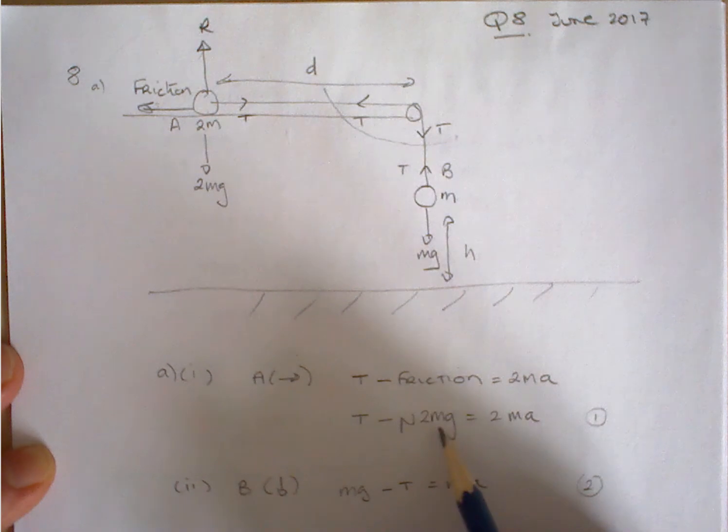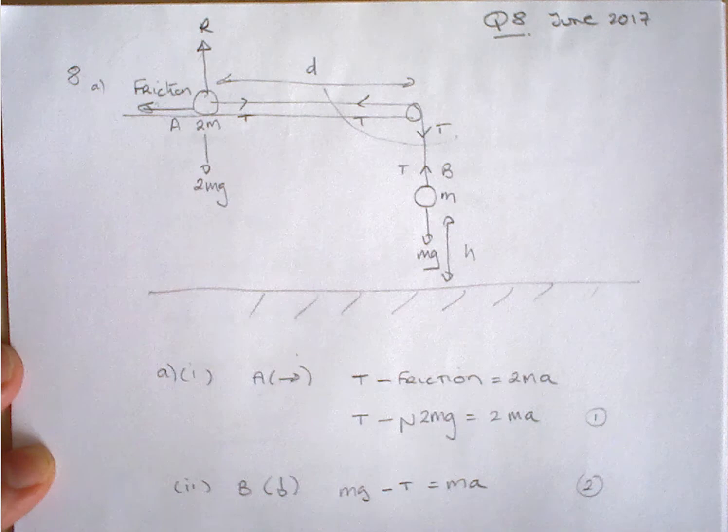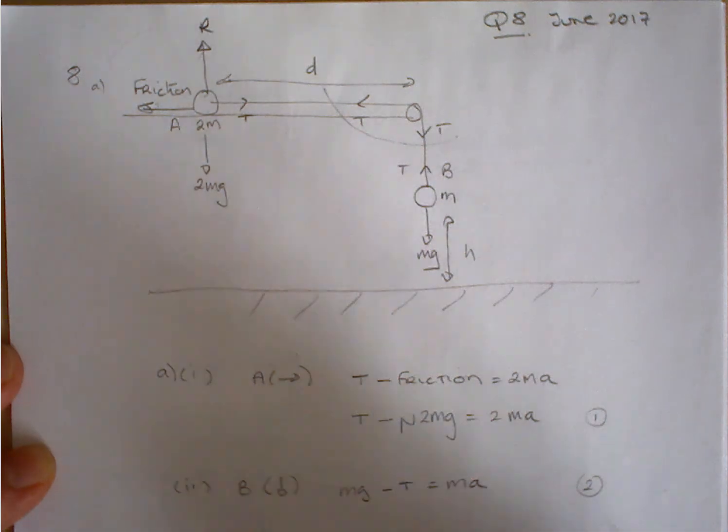And in the mark scheme, you've got a mark just for going T minus F equals 2ma.